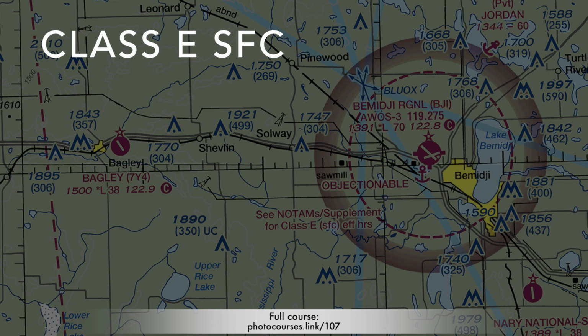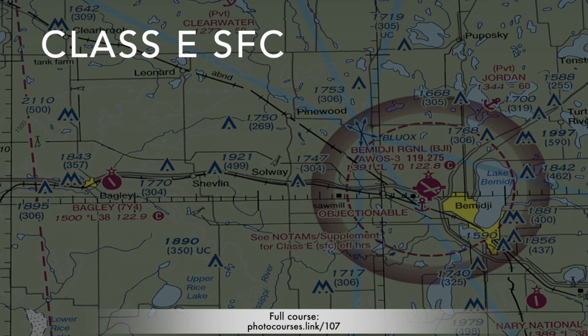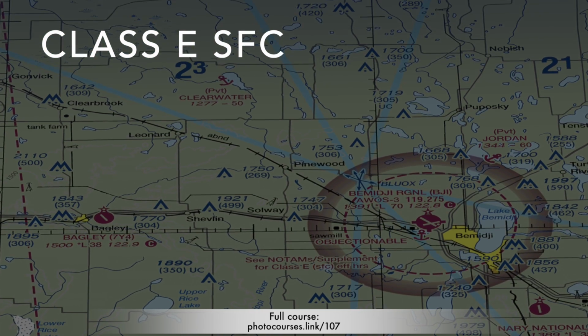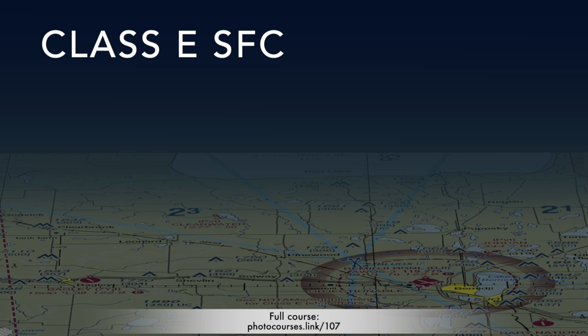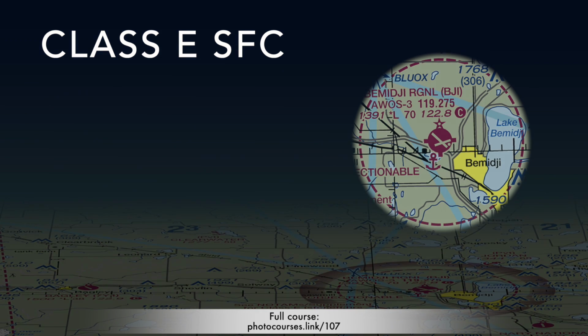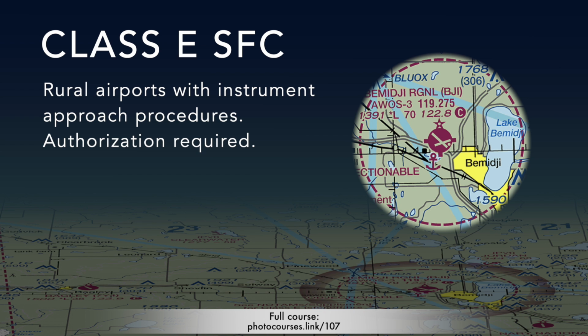And the first type of Class E airspace is Class E airspace that goes all the way down to the surface, which we abbreviate as Class E SFC. Class E airspace that goes down to the surface is indicated on the charts by a dashed magenta line, which you will always find surrounding airports, generally rural airports that have instrument approaches.